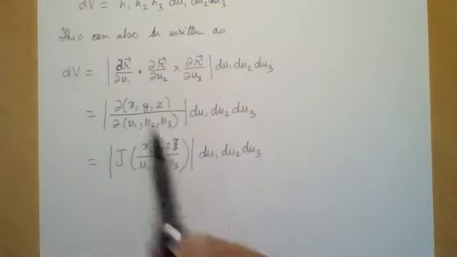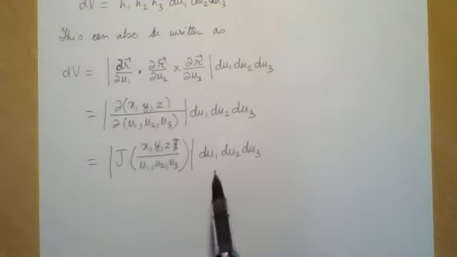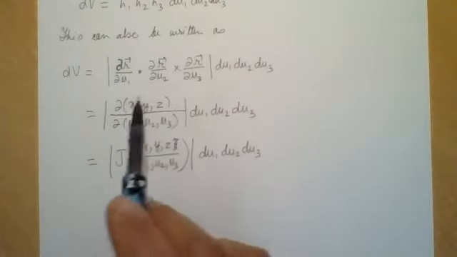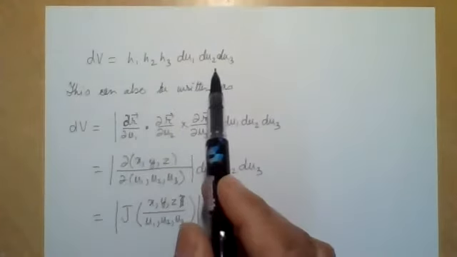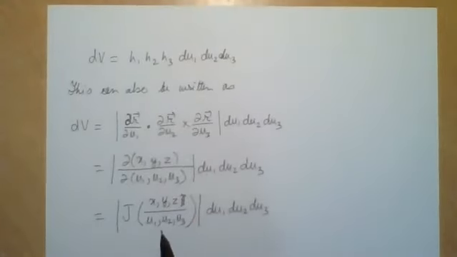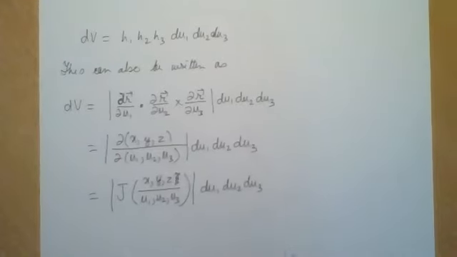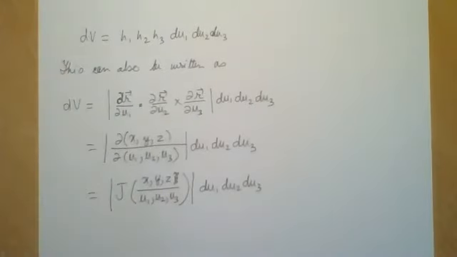So the volume element in any orthogonal curvilinear coordinate system can be written in this form. The easiest one is this, using the Jacobian of transformation from the xyz coordinate system to the u1, u2, u3 coordinate system. So that's all about volume element.